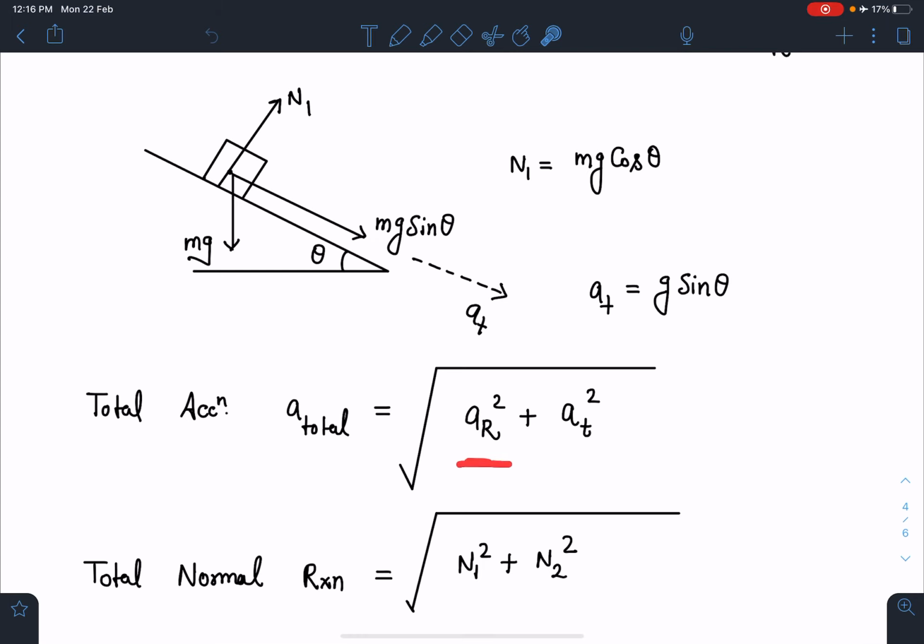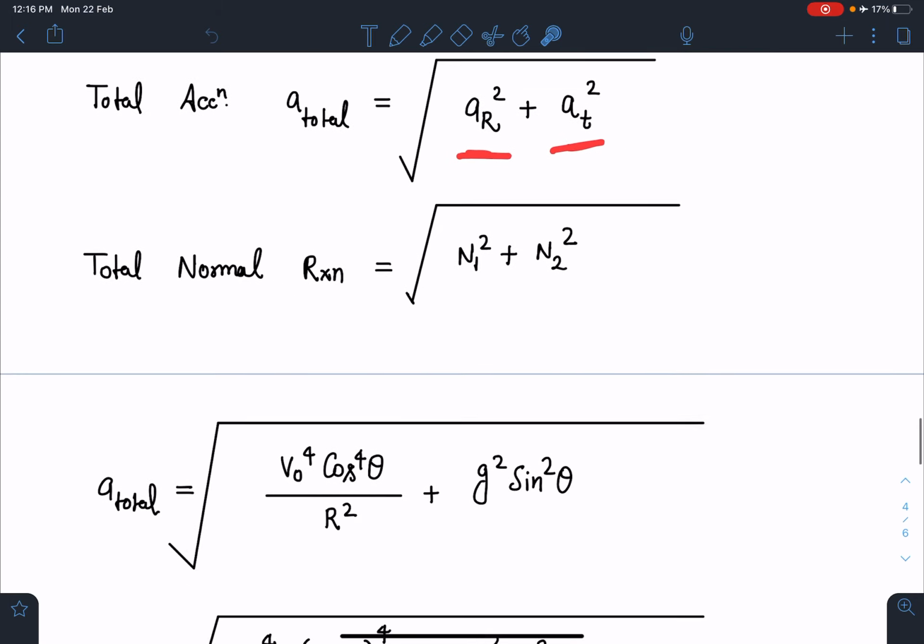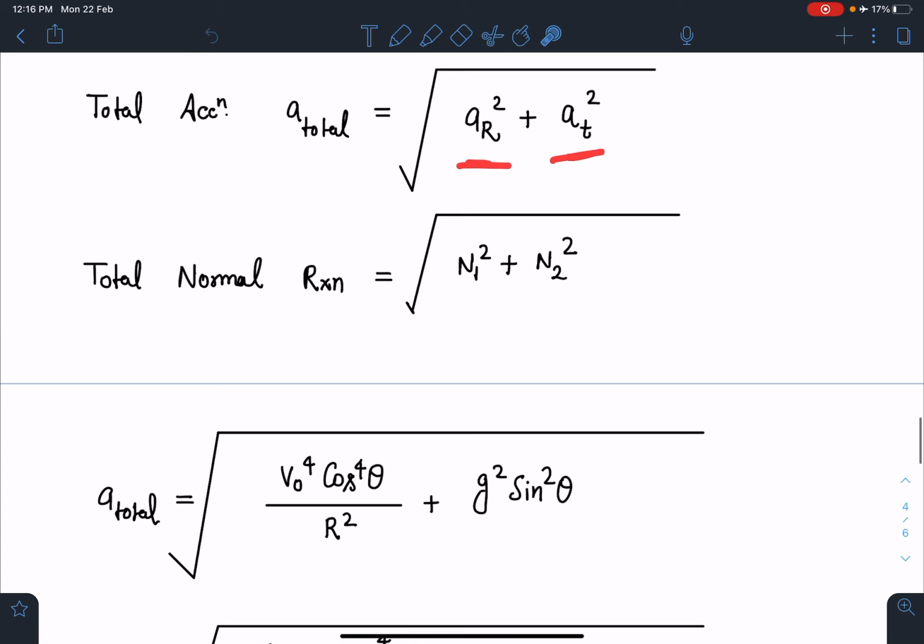Now let's substitute the value of ar and at in the given equation here. Ar was (v naught cos theta) whole square by r. Square of this is going to give us v naught to the power 4 cos to the power 4 theta divided by r square, plus the tangential, it was (g sin theta) whole square.